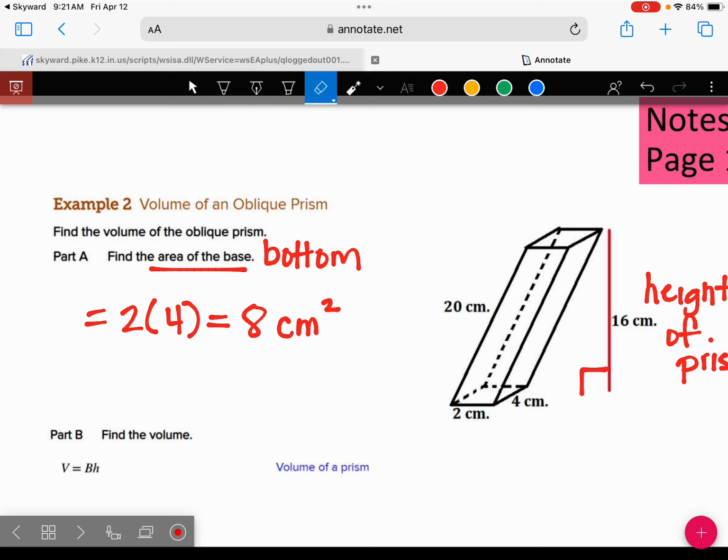And I should actually write a capital B instead of an A, because that's what we're using for area of the base. So we just found the capital B, which is the area of the base. Remember, that's what this represents.